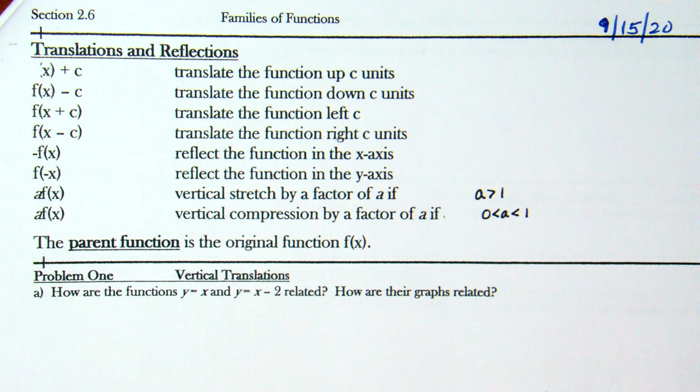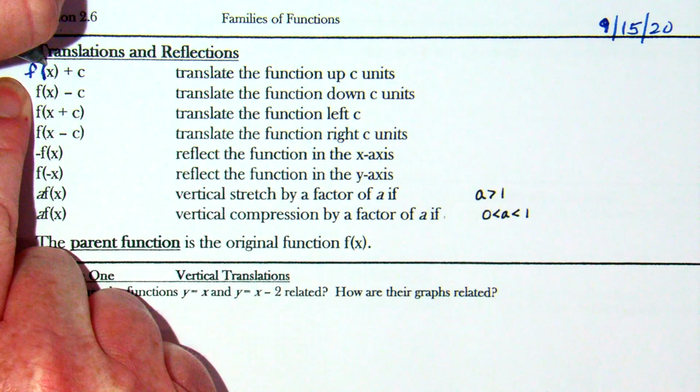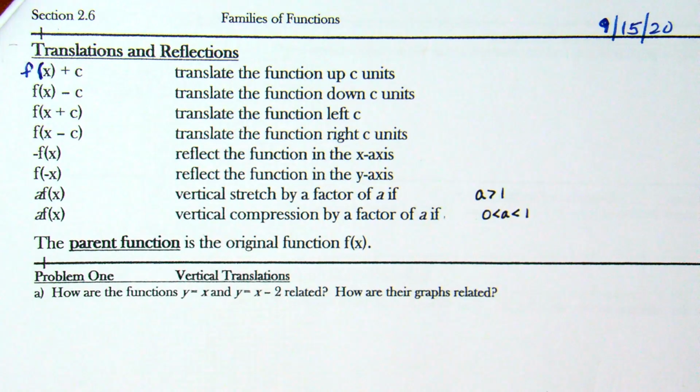Now, the ones we're looking at here are just some basic transformations and reflections. First of all, if you're trying to figure out what that's supposed to say, it says f of x. When we talk f of x, we're talking about some function.